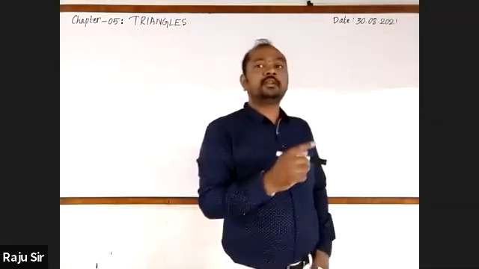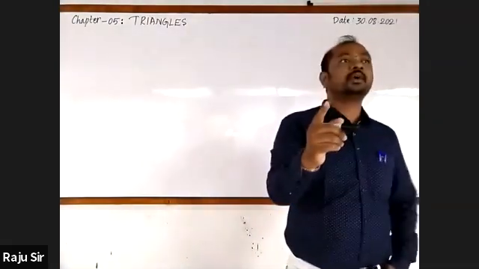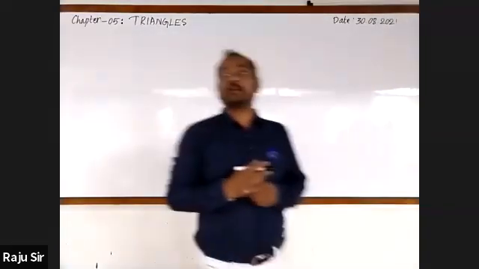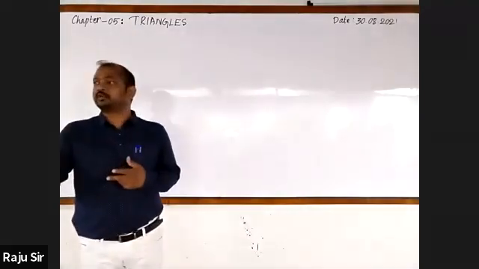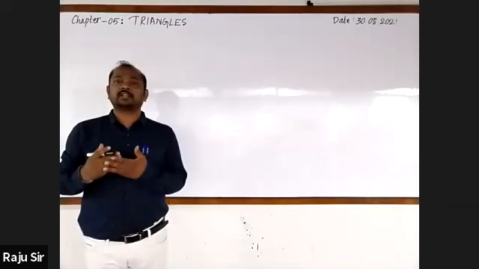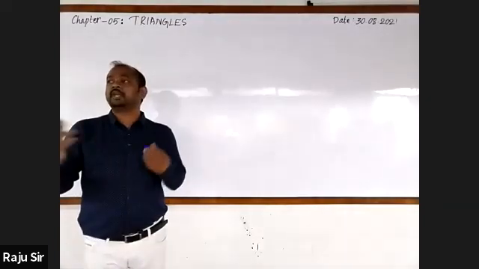And could you tell the statement which is related to equiangular triangles? You take two equiangular triangles. Then what statement has been given by Thales?